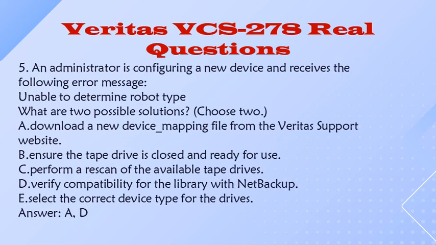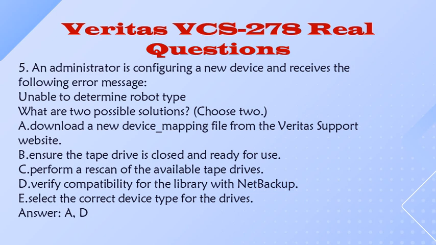5. An administrator is configuring a new device and receives the following error message: unable to determine robot type. What are two possible solutions? Choose 2. A. Download a new device_mapping file from the Veritas support website.